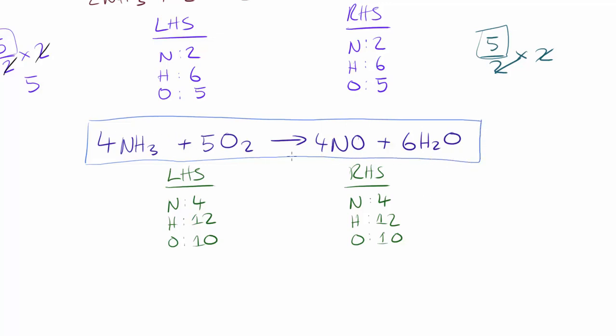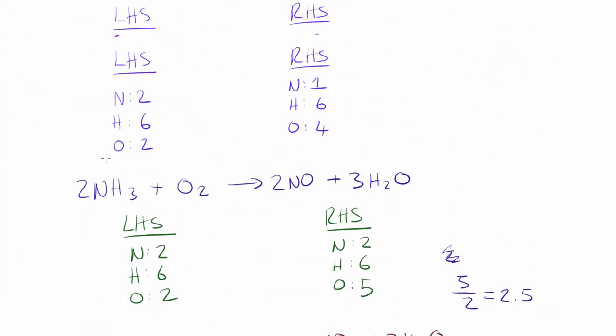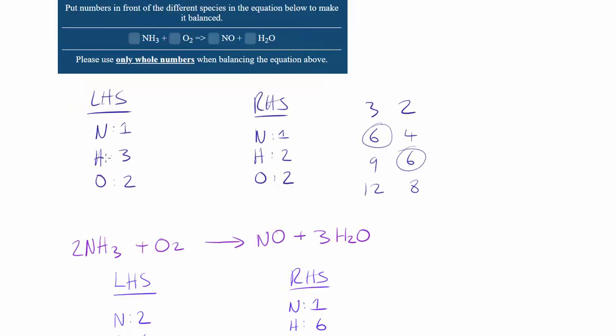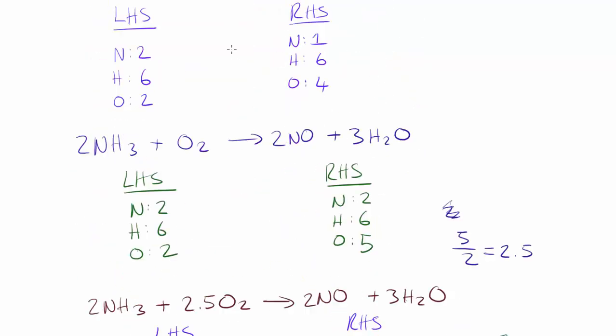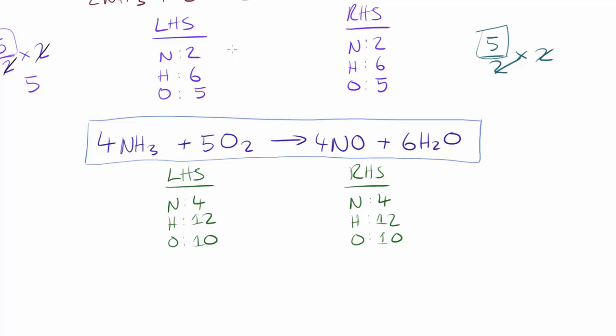So this would be, in this case, our balanced equation. So if we go back up here, we can put it there. So this would be our balanced equation. Okay.